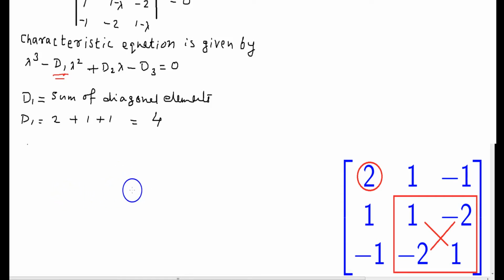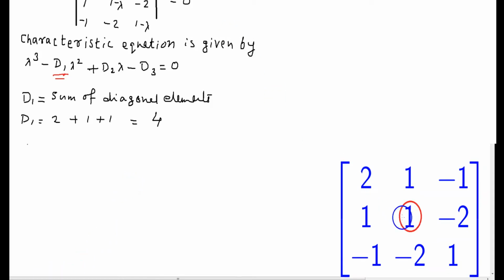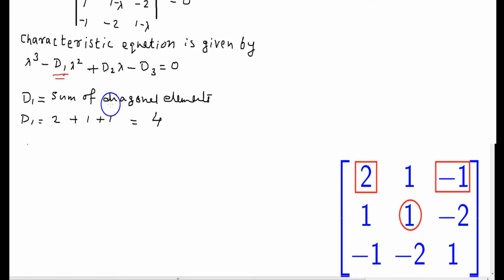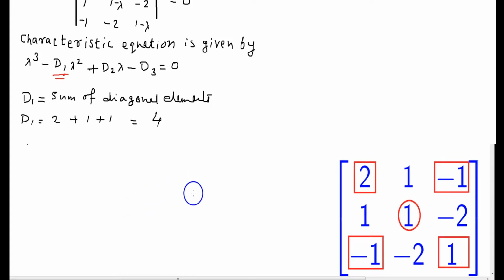That is mod 1 minus 2, minus 2 1, plus the next diagonal element is 1, and ignoring the elements in the second row and second column, the rest of the elements form the minor of the leading diagonal element 1. That is 2 minus 1, minus 1 and 1.